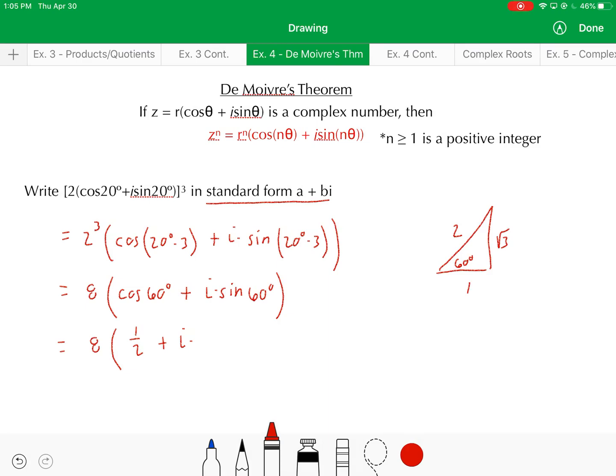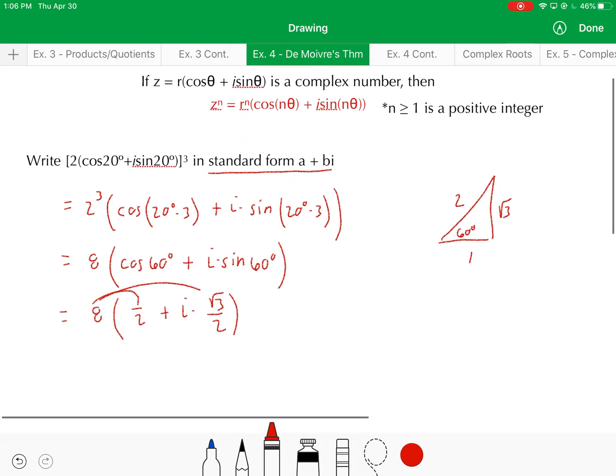Sine there is radical 3 over 2. Then you can distribute your 8, and you'll end up with 4 plus, now when I multiply 8 times i times radical 3 over 2, that's going to become i times 4 radical 3. Best way to write that, let's go 4i radical 3.